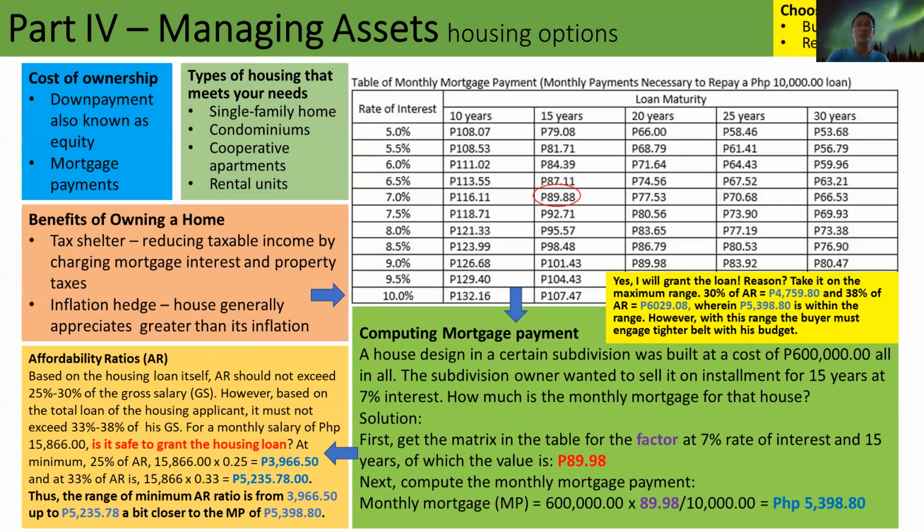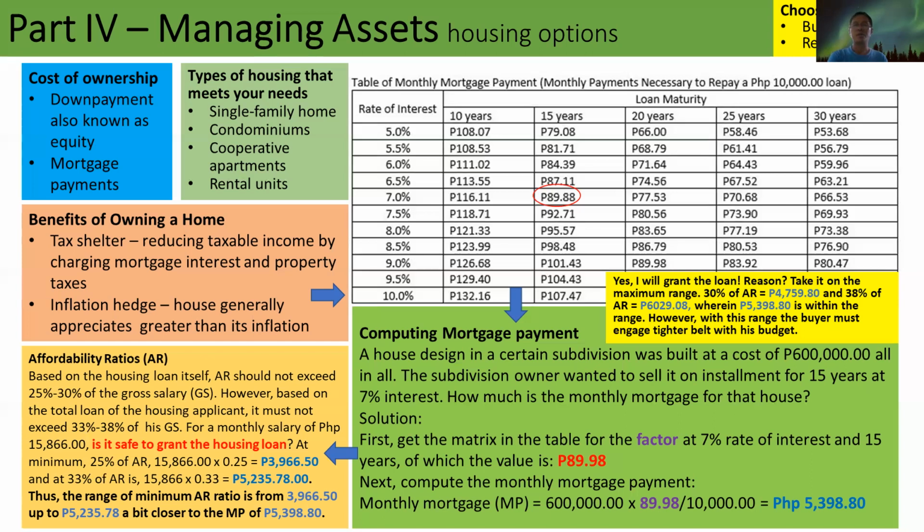So next, we are going to compute for the mortgage payment. How much is the mortgage payment? So it's just simple. Just multiply 600,000, which is the cost, times the factor itself, 89.88 pala.